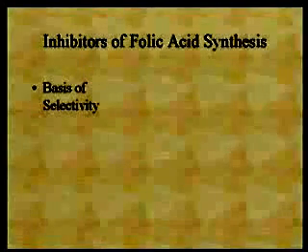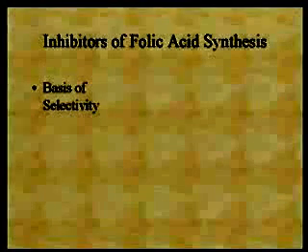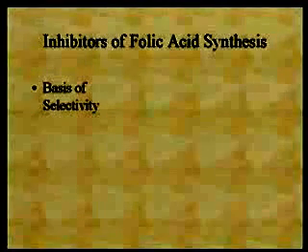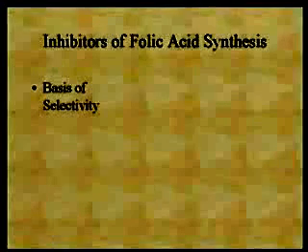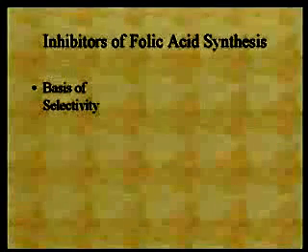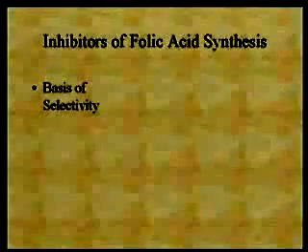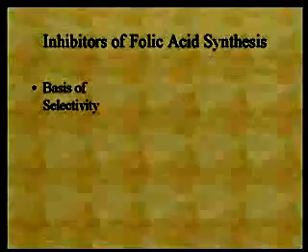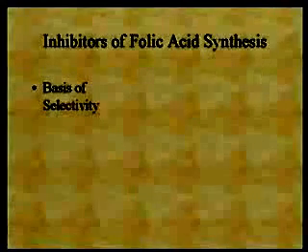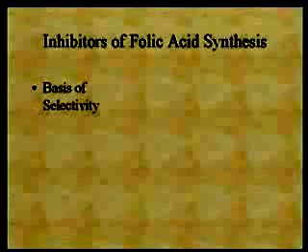They make that from products of intermediary metabolism, and we'll look at the pathway in a second. So they take products or substrates from intermediary metabolism and convert them to tetrahydrofolic acid. Now, we also need tetrahydrofolic acid, but we don't make it from our intermediates in intermediary metabolism.